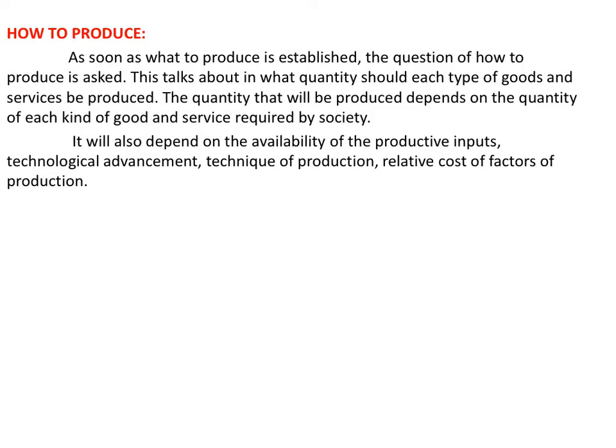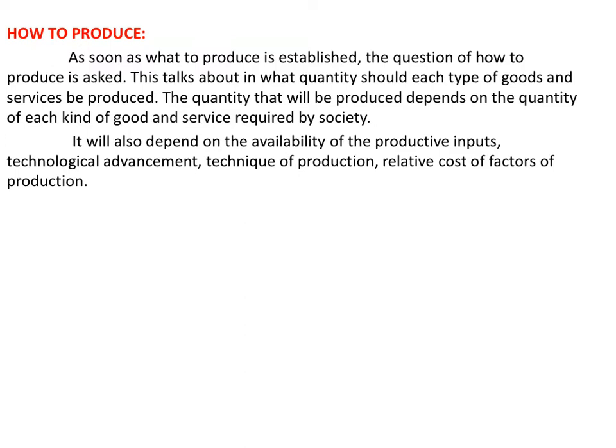And that quantity that will be produced depends on the quantity of each kind of good and service required by the society. Meaning that if the society places high demand on a particular service, the producers will have to make sure that they produce more of that particular service.